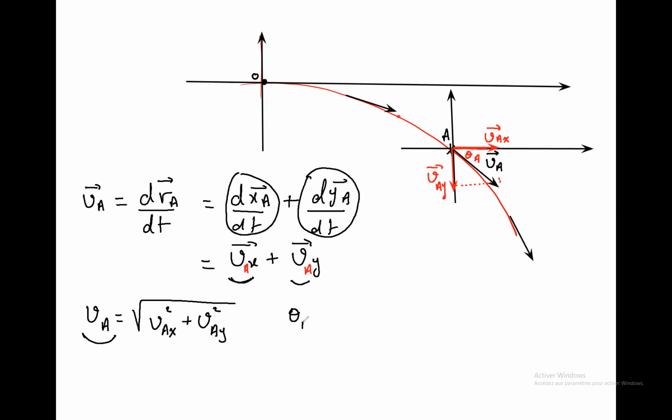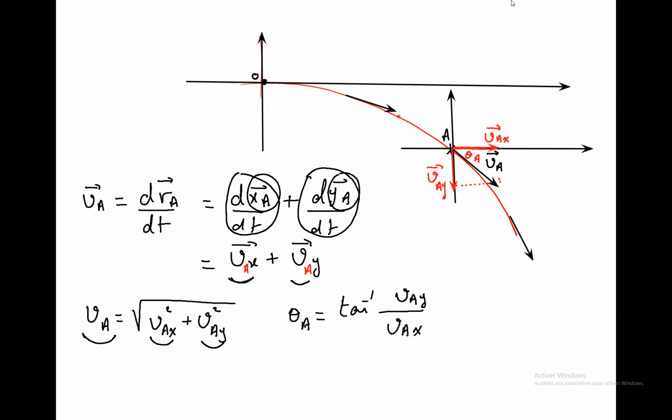And the direction of the vector VA equals tan inverse of the y component over the x component. So we calculated VAX and VAY from XA and YA from the position vector of A.